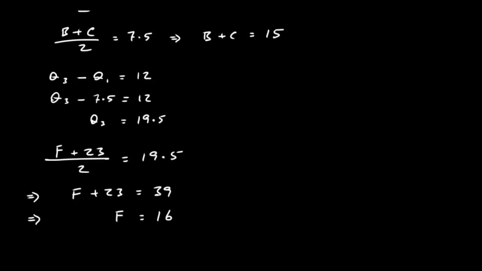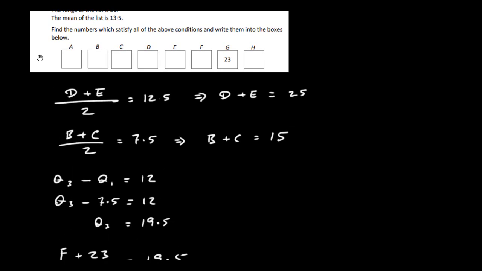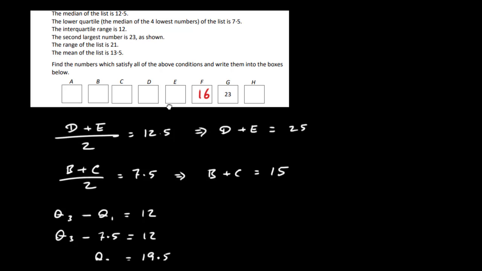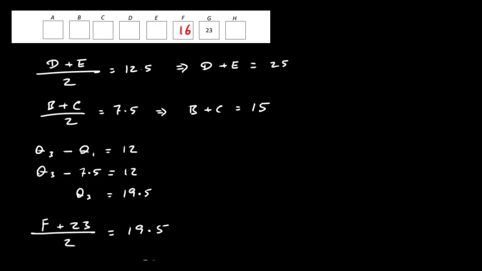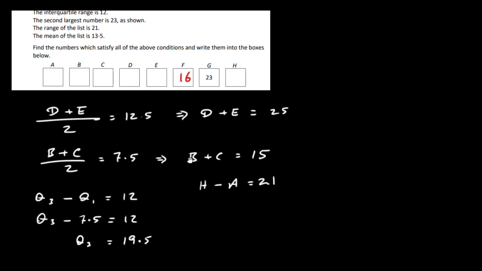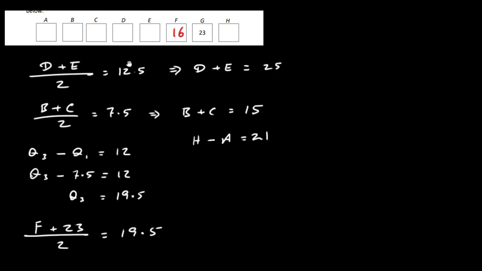So now we know what F is. F is 16. So we can just put 16 in here. Let's see where we can go from here. We have the interquartile range is 12. We've just done that. The second largest number is 23. We have that. The range of the list is 21. So that would just mean that H minus A is equal to 21. The mean of the list is 13.5.